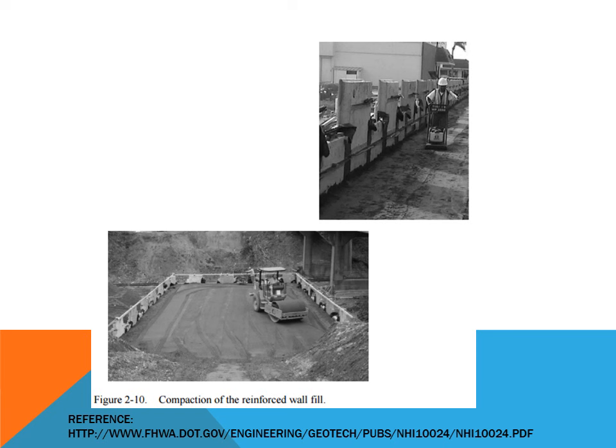While by using these precast panels, or the MSE wall system, it can speed up the works and make the construction site less messy, and the works can be finished earlier.